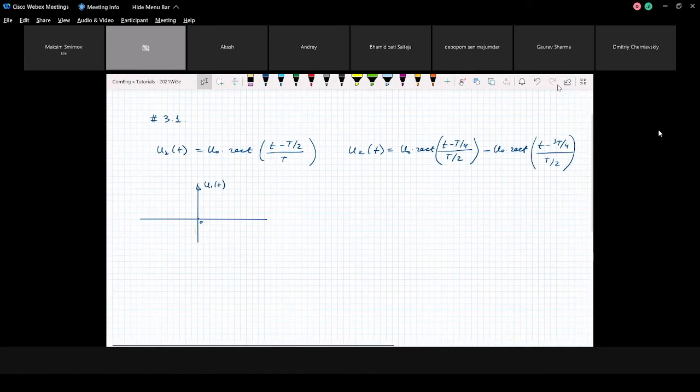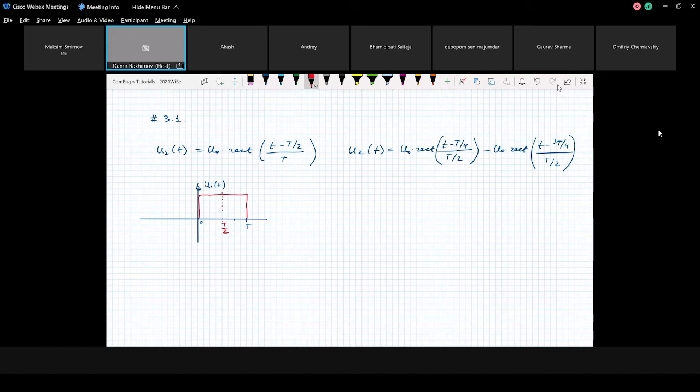Our signal is shifted by T/2 to the right, and the whole duration equals capital T. Our rectangular pulse goes from 0 to capital T, and the middle of this pulse is at T/2.